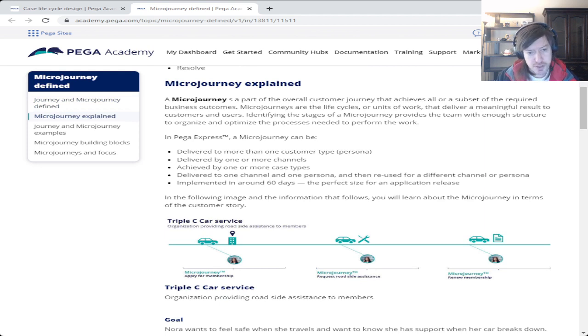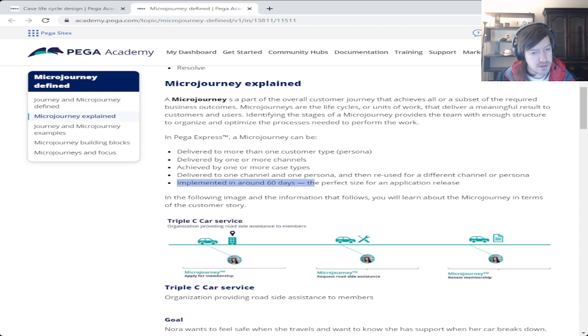In Pega Express, a microjourney can be delivered to more than one customer type, persona, delivered by one or more channels, achieved by one or more case types, delivered to one channel and one persona, and then reused for a different channel or persona, implemented in around 60 days, the perfect size for an application release.